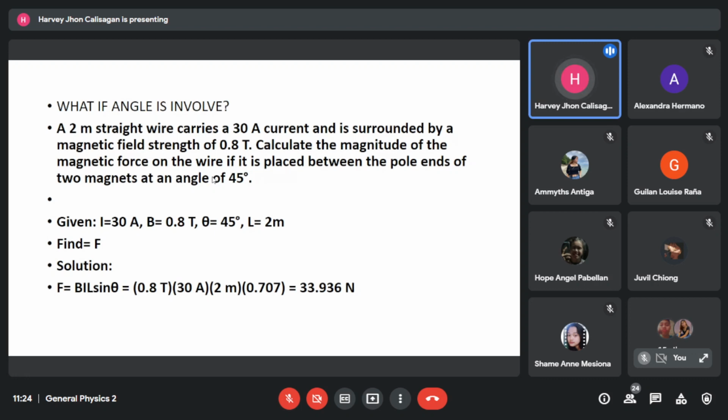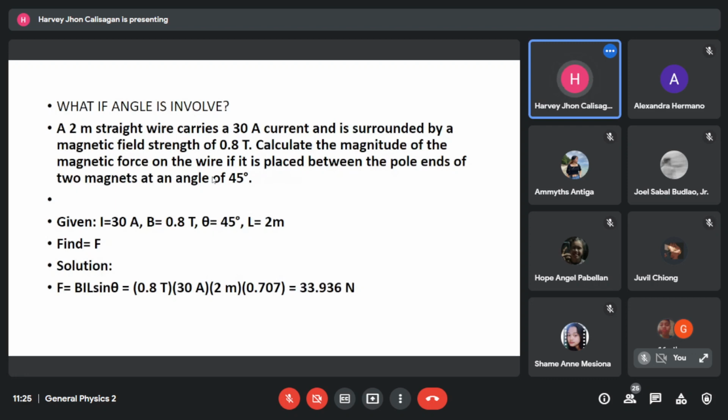Is it 0.707, the sine of 45? Yes, sir. Okay, so we have 0.8 Tesla times 30 ampere times 2 meter times 0.707.